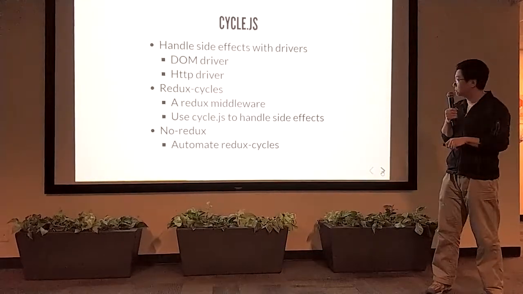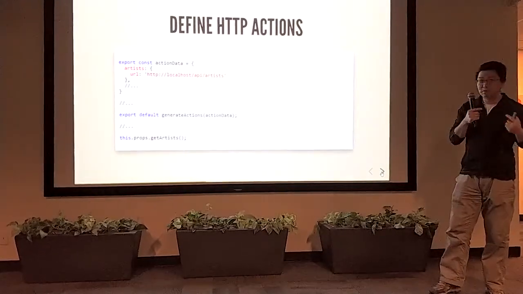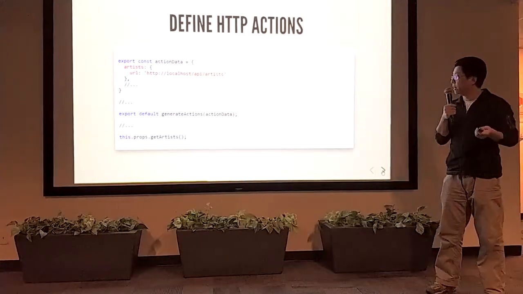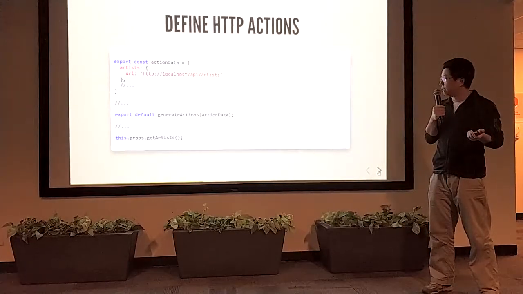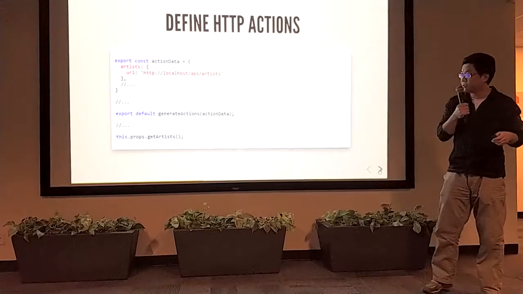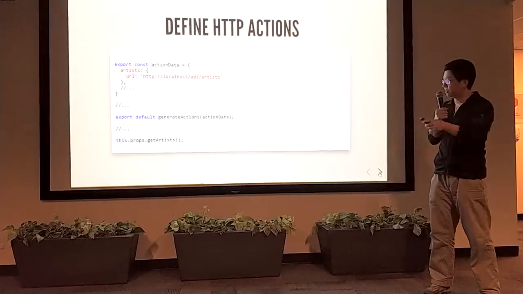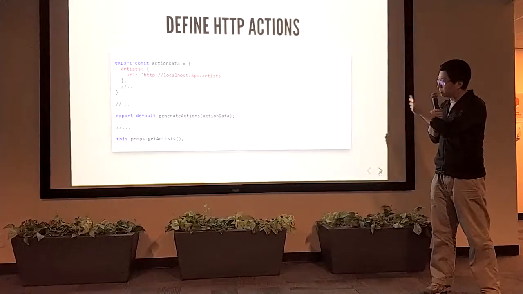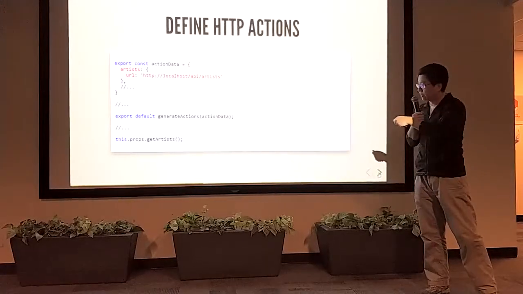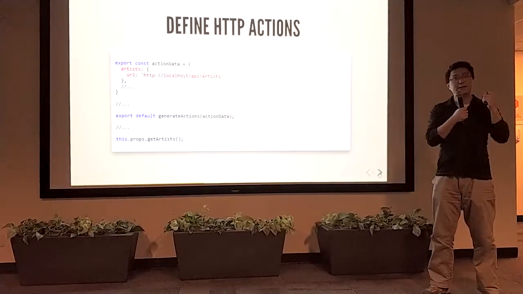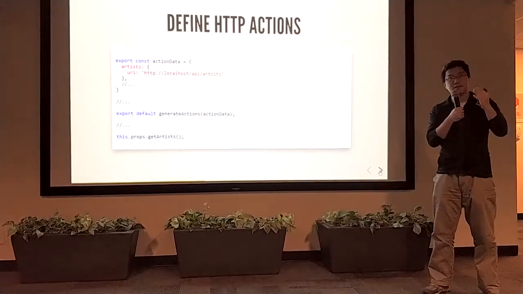So all you need to do is define an object that represents an HTTP call, like the URL. Then you can call the generate actions function to help you generate the action creators. Then inside the component, you can just call that action creator, which will produce an HTTP request object, not actually make the HTTP call.